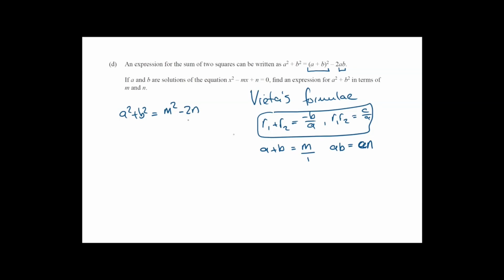So knowing Vieta's formula there helps you a lot in this. If there's any formula that you really should be looking at doing, it's that one there, and really knowing that quadratic equation, because this is derived from the quadratic equation, is really worth your time.